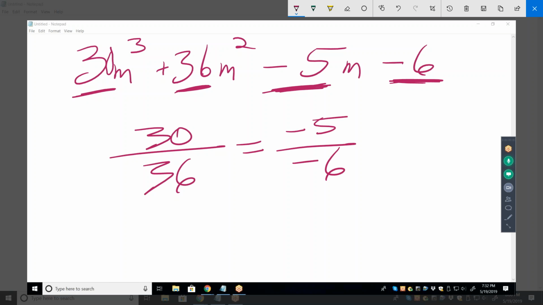Yes, it is. So that's your first test. If that is true, then you can solve it by grouping. And that has to be true to be able to solve it by grouping. If it is not true, you cannot solve it by grouping.